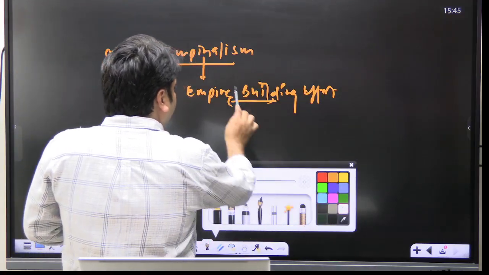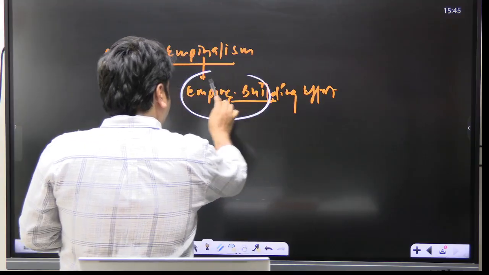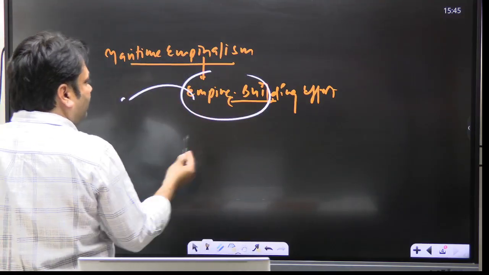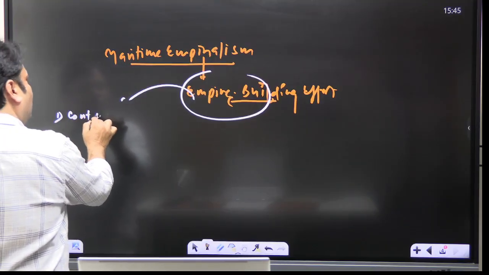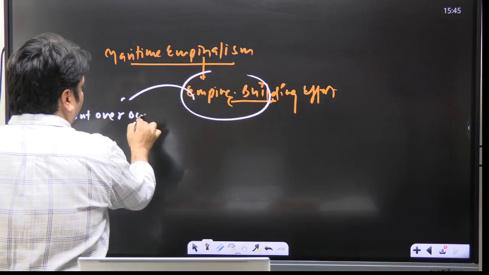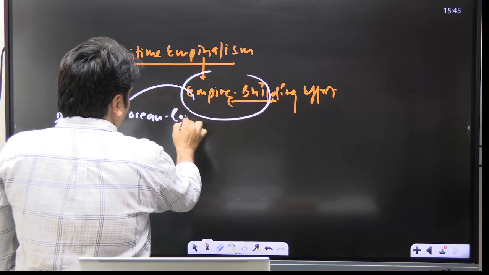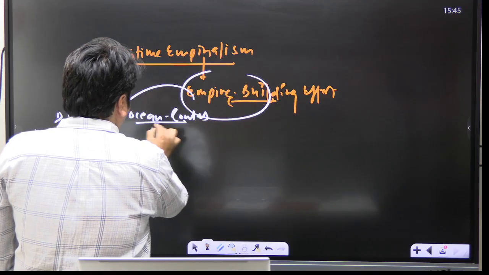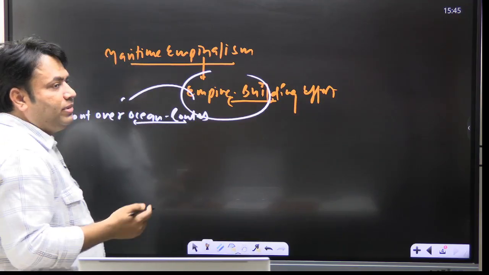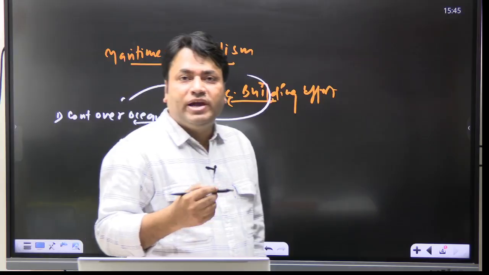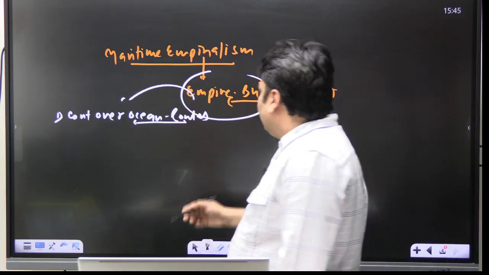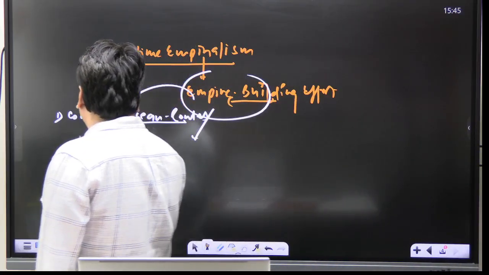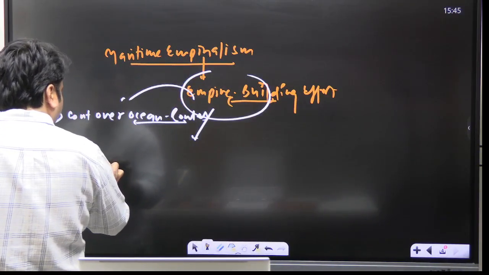So how will this empire be built? This empire will be built by establishing control over ocean routes. This is one important point, that this maritime empire could be built by establishing control over the ocean routes, by increasing naval superiority.